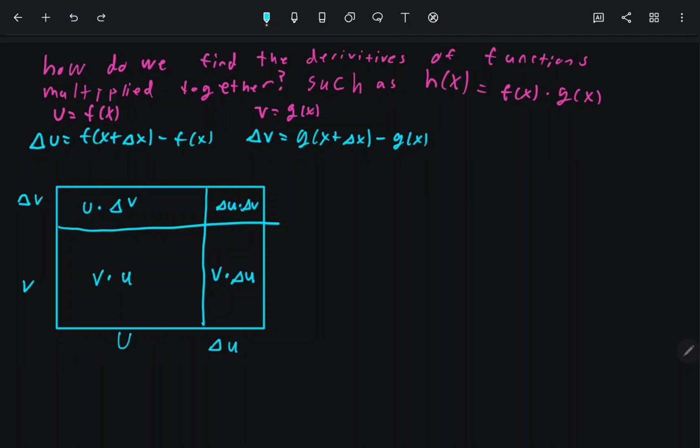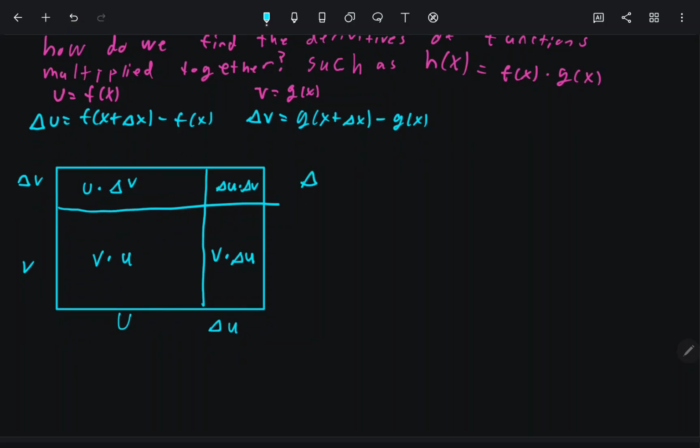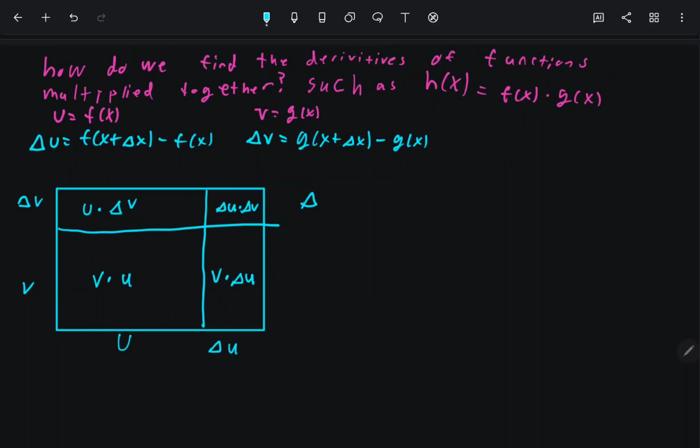So the change in uv is equal to u plus the change in u, times v plus the change in v.